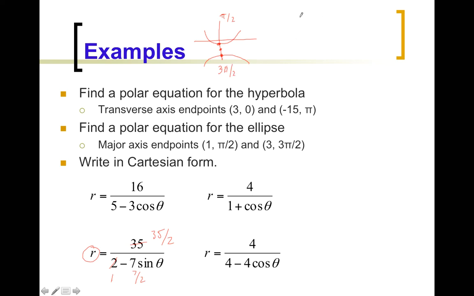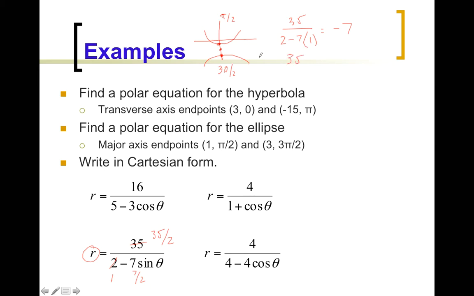And if I plug in pi halves, I get 35 over 2 minus 7 sine of pi halves. Well, sine of pi halves is 1. And 2 minus 7 is negative 5. And 35 divided by negative 5 is negative 7.